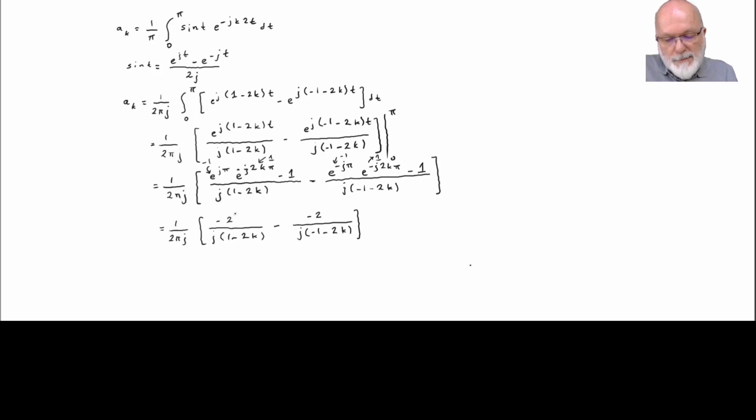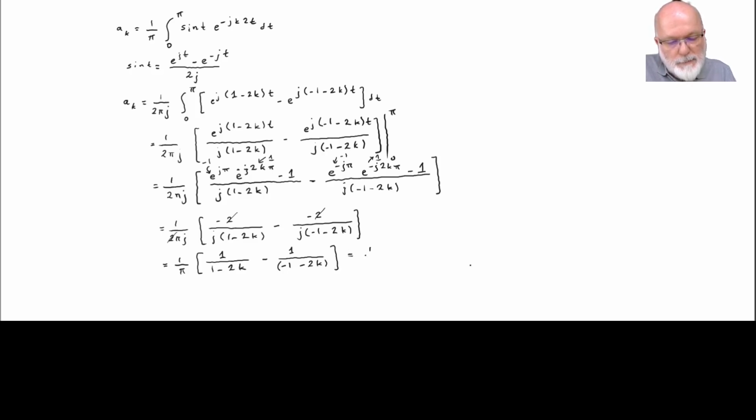We will have a cancellation with this 2, and these minus signs will also disappear, and we will have 1 over pi, times 1 over (1 minus 2k) minus 1 over (minus 1 minus 2k).